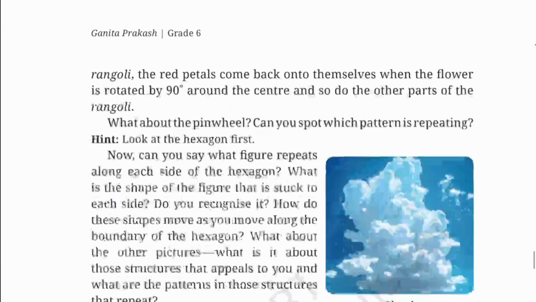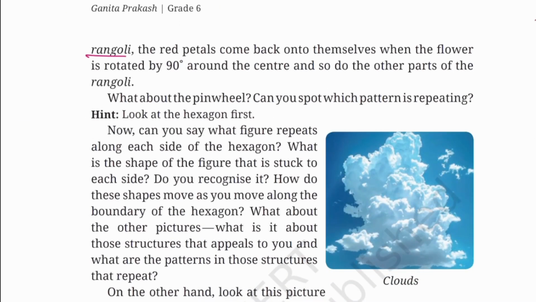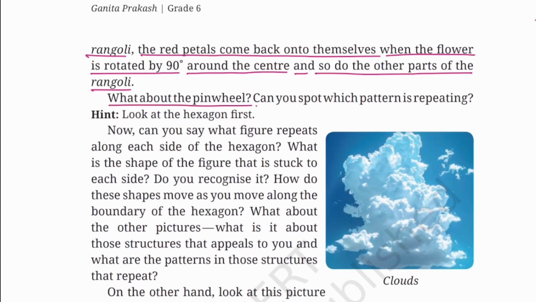In the Rangoli, the red petals come back onto themselves when the flower is rotated by 90 degrees around the center, and so do the other parts of the Rangoli. What about the pinwheel? Can you spot which pattern is repeating? Hint: look at the hexagon first.